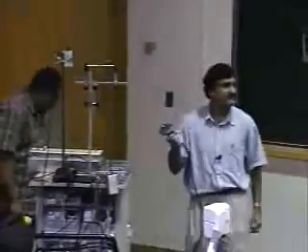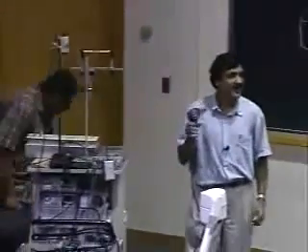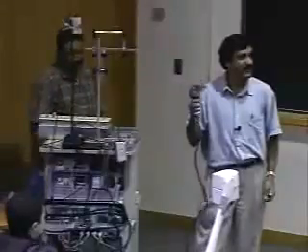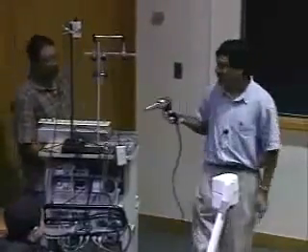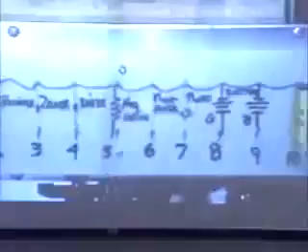Next example is a thermistor. A thermistor is a resistor whose resistance varies with temperature. So this is a very expensive little hair dryer. What I'm going to do is blow some hot air at my resistor, and you're going to see that its value changes depending on how much I heat it.